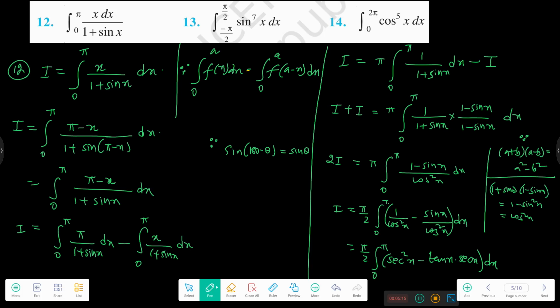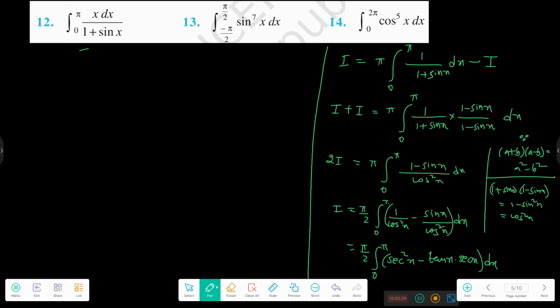If you know the integral formula very well, you can apply it. So I is equal to pi by 2. When you take the integral, secant square integral is tan x, minus the integral of tan into secant, or secant into tan, in the sense what formula?